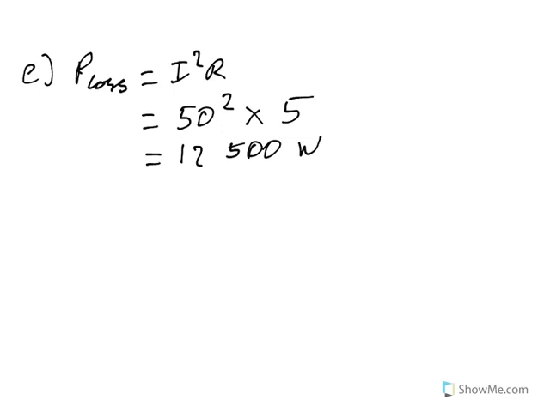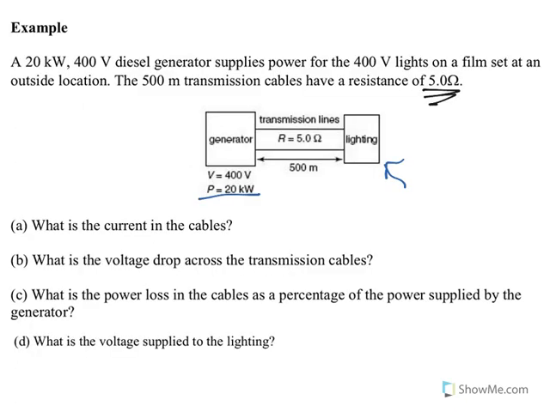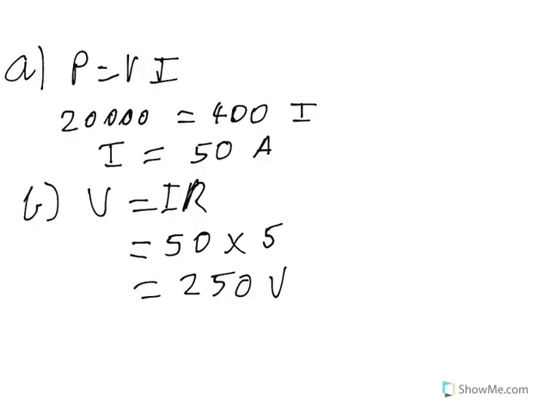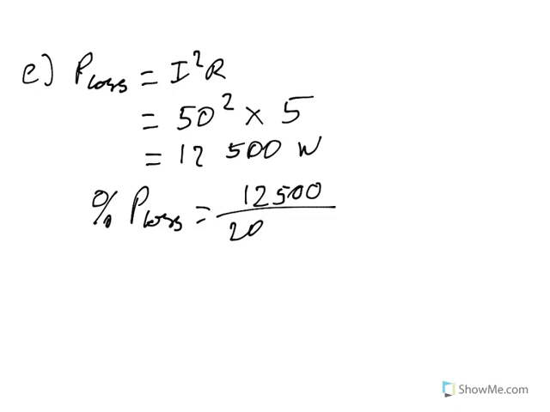Now it asks us to do that as a percentage. That's 12,500 over the produced amount, 20 kilowatts, so 20,000, times 100, and that's 62.5% of the power produced is lost. So that's a lot of cost in diesel for not much return.